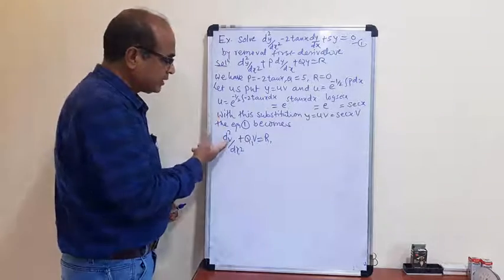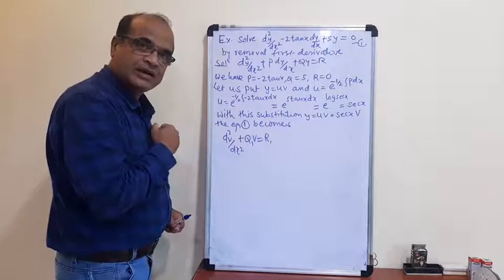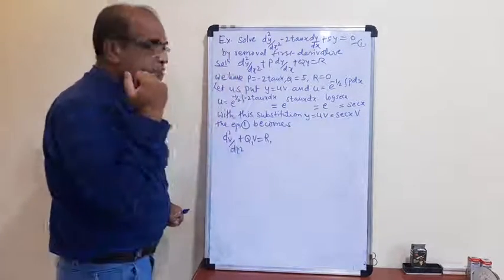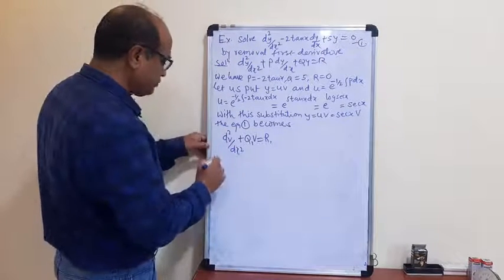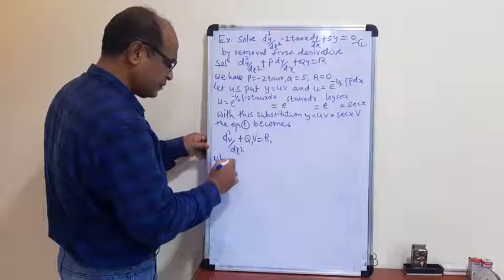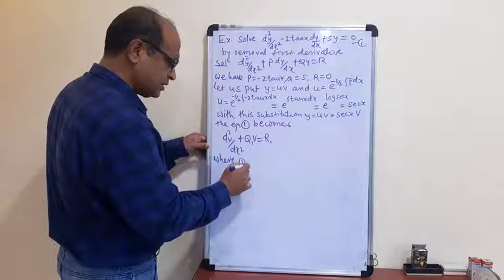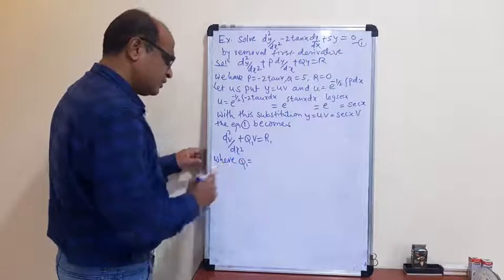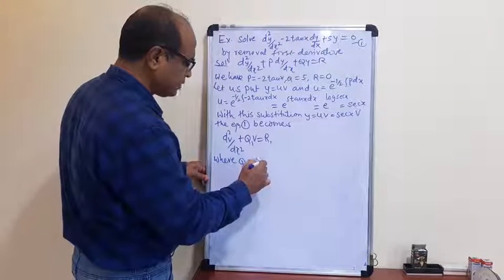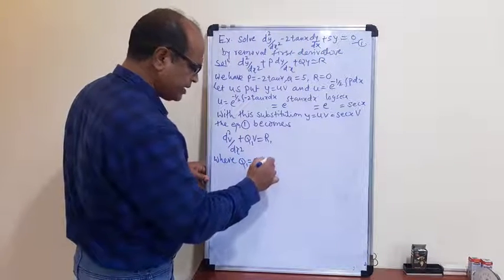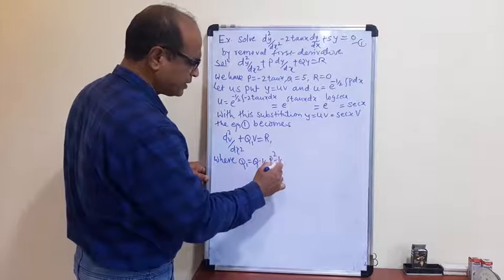So we get the dependent variable v here with this substitution. So this equation becomes like that, where q1 is what? We already discussed about this method. So what is q1? So q1 is equal to q minus 1 by 4 p square minus 1 half dp by dx.